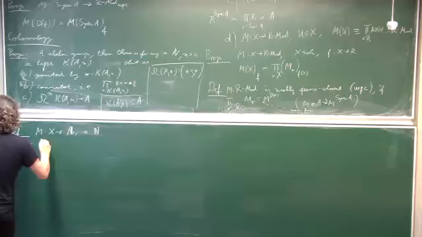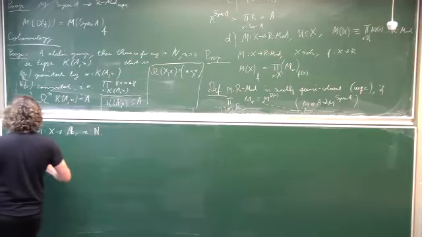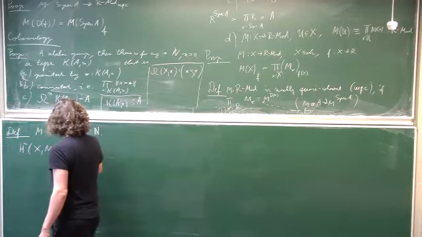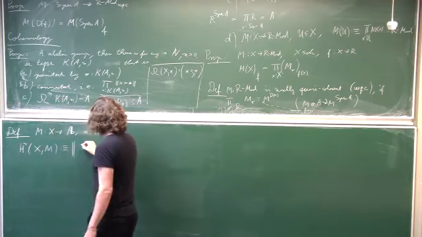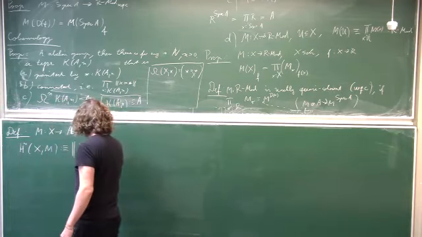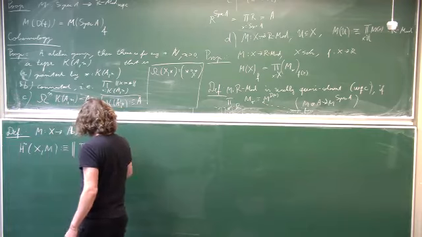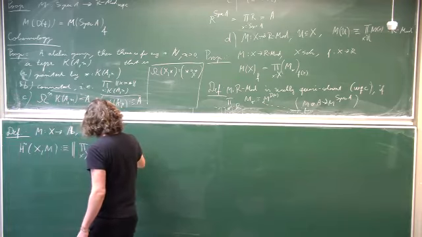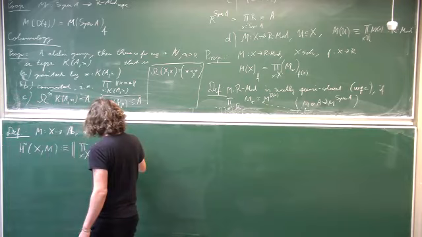I can define the cohomology with coefficients in M to be the set truncation of just this pi type.